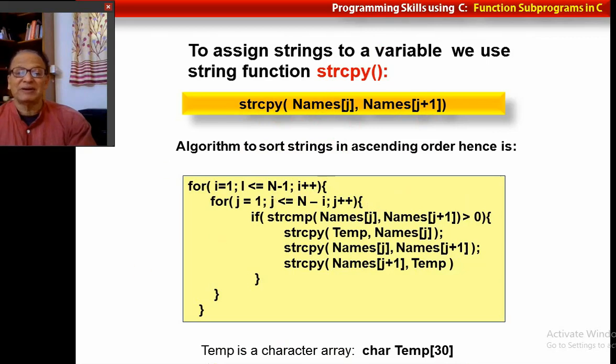Now this is the complete algorithm for sorting these names in ascending order. So i equal to 1, i less than or equal to n minus 1, i plus plus; j equal to 1, j less than or equal to n minus i, j plus plus. I compare if names[j] is greater than names[j+1], meaning it comes after names[j+1].